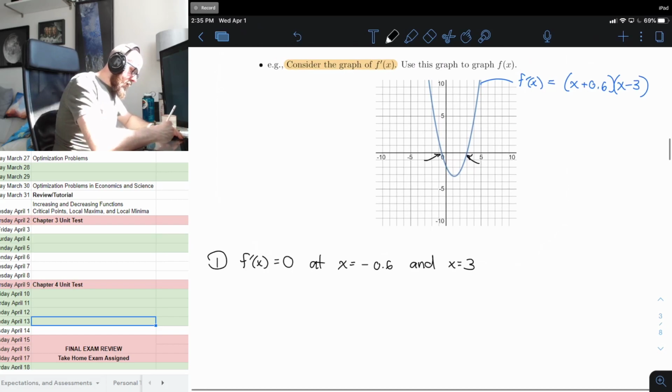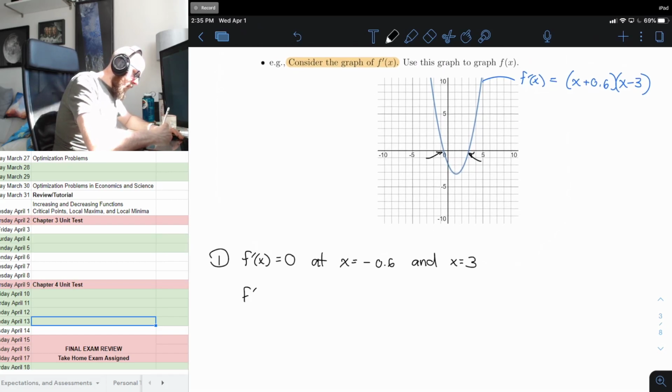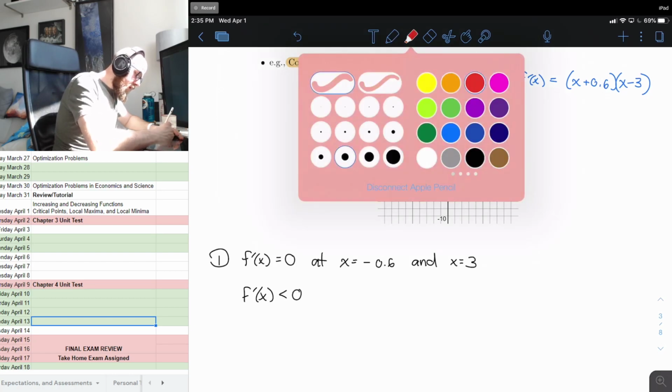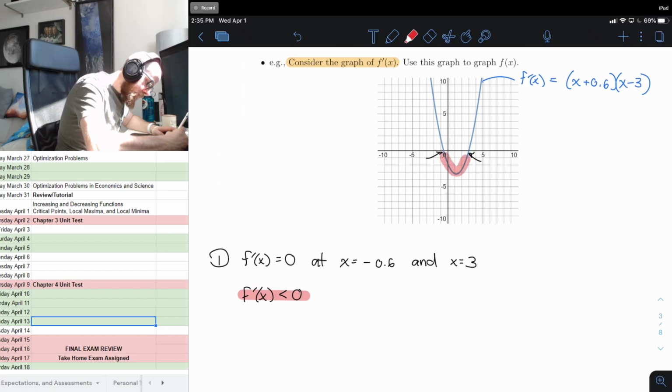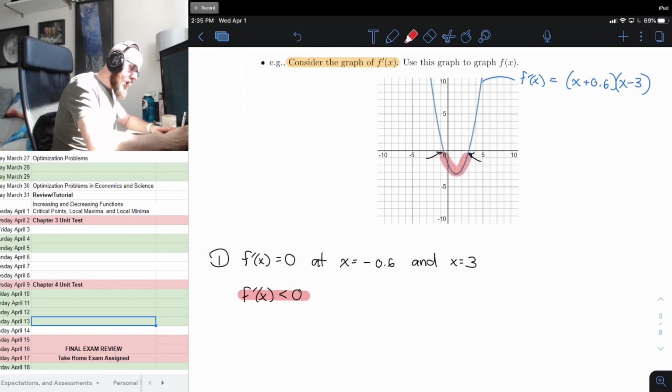Then we also need to know where f prime of x is negative, so smaller than 0. I'll do some color coding here. Our derivative is negative in this region right here, and our derivative is positive up here and up here.